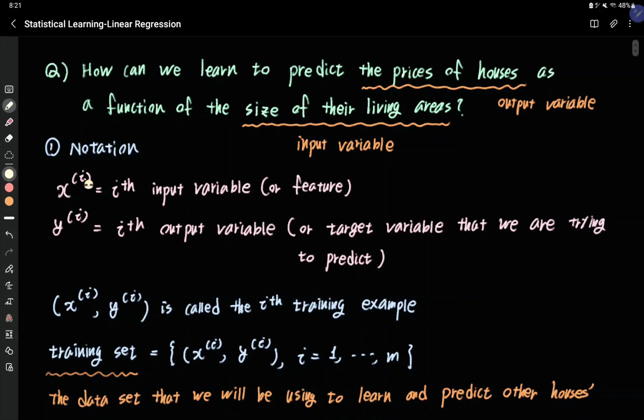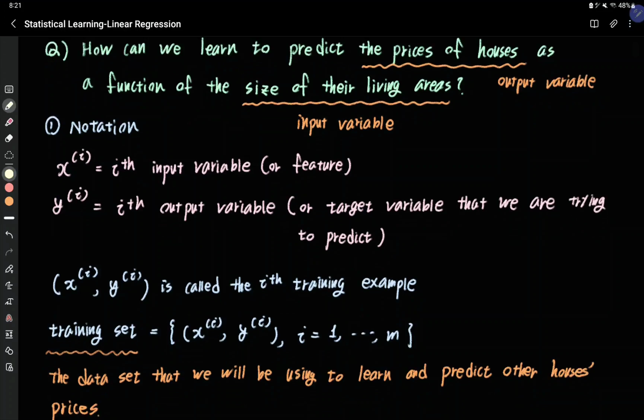So x superscript i represents the ith input variable. The input variable is also called the feature in computer science, and y superscript i represents the ith output variable, or target variable. Target variable means the variable we want to predict.